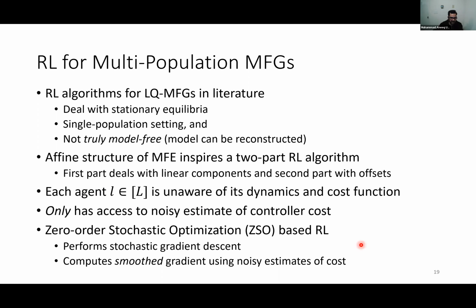Now, zero-order stochastic optimization-based RL is basically stochastic gradient descent, but the gradient is computed using a smoothing procedure, and we call it a smooth gradient, which is computed using noisy estimates of the cost.